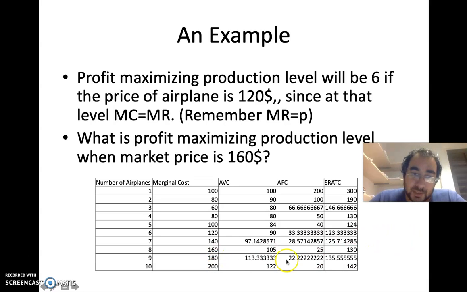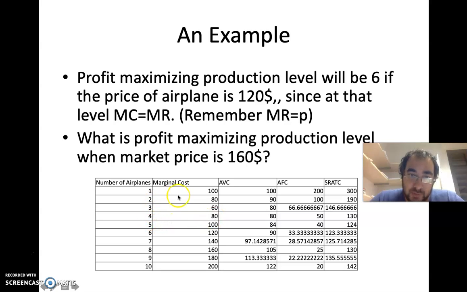If the price is 120, for example, in that case the number of airplanes produced will be 6. If the price is equal to 100 or 80, for example, if the price is equal to 80, in that case 4 will be the profit maximizing output.